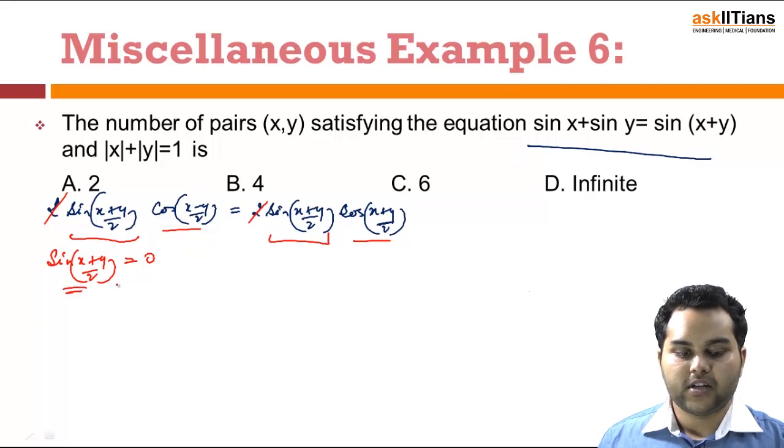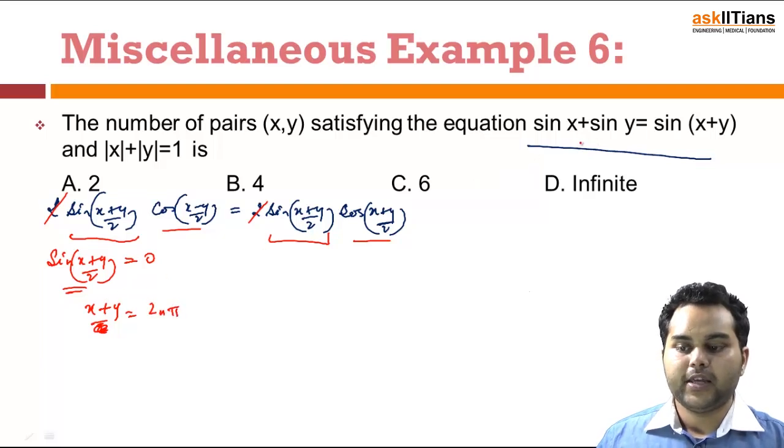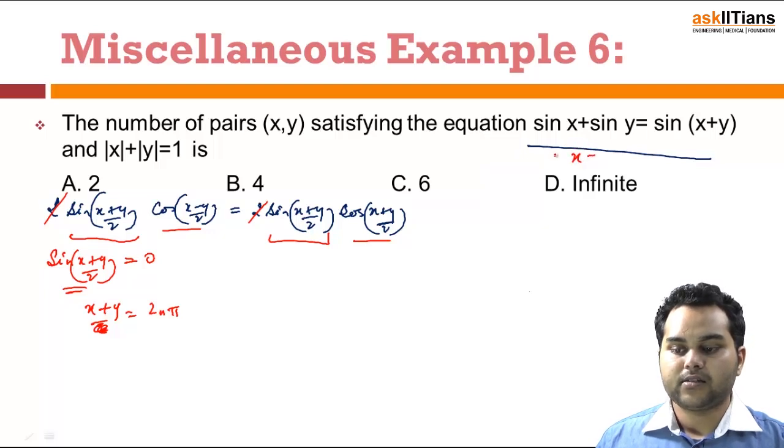So if I first have a look at this identity, I would be having with me x plus y can be written as 2 n pi, as (x plus y)/2 would be n pi.